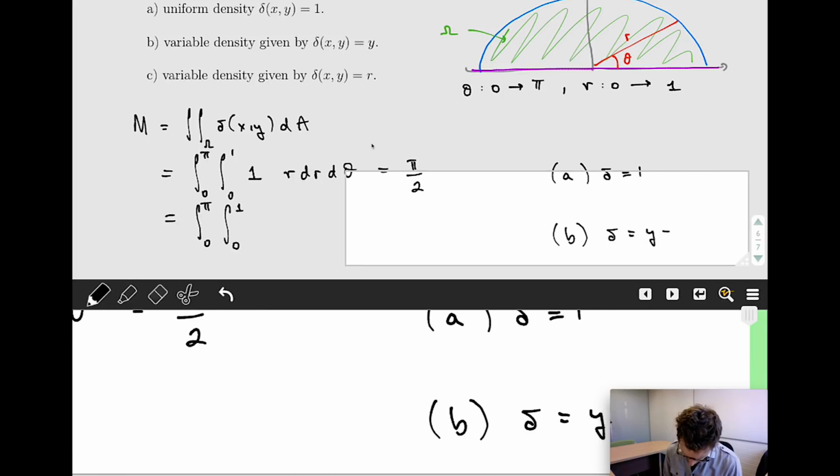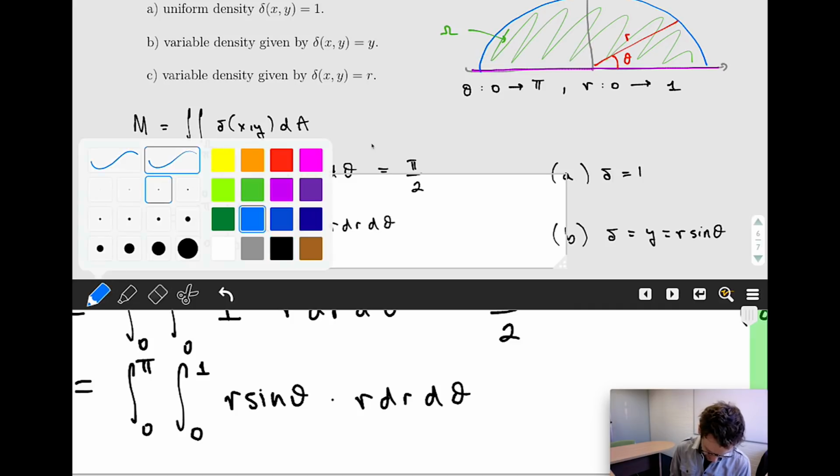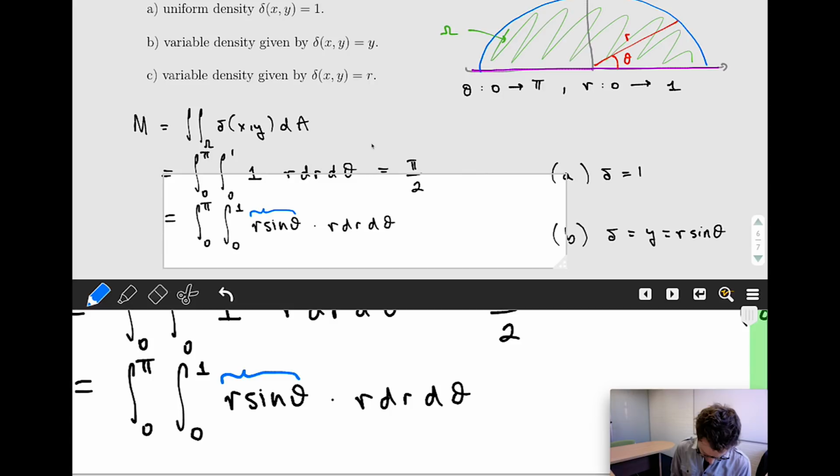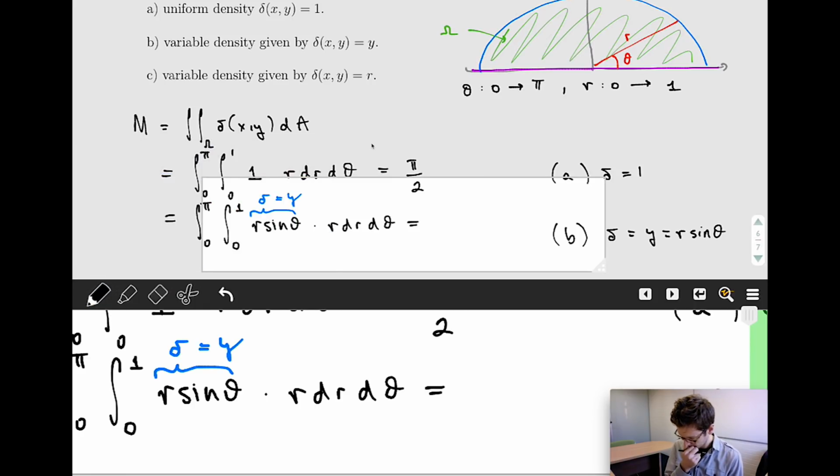And remember that we're using polar coordinates here, so I need to use the polar coordinate representation for y. So let's put that in. We're going to have r sine theta times r dr d theta. So again, I've replaced delta equals y here with its polar coordinate representation, and I'll let you show that that is equal to 2/3.